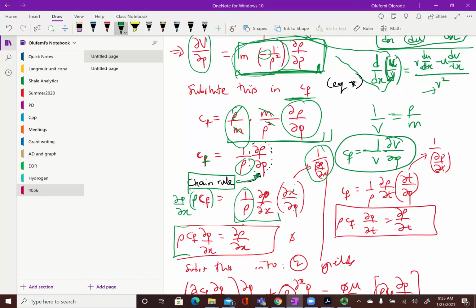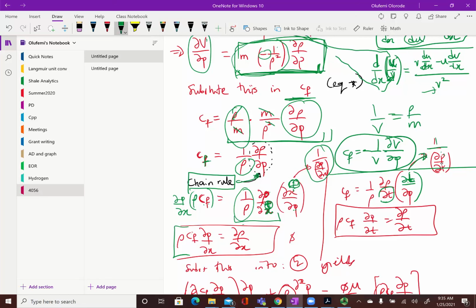Can use the same chain rule, but instead of differentiating with respect to x, we'll differentiate with respect to time. So this becomes the rho dt, the t dp. Another way of using chain rule, but with respect to time instead of x. And this dt dp is the same thing as 1 over the p dt, just taking the inverse.